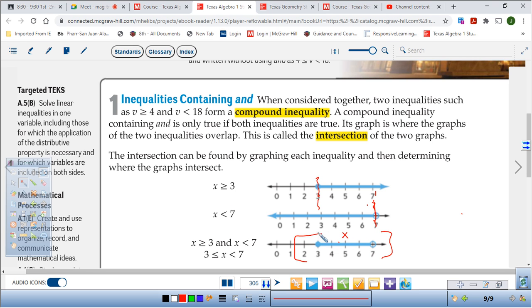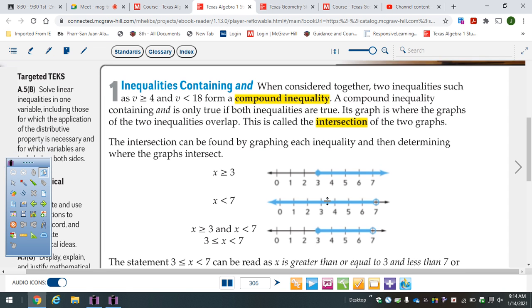What's my lower bound? 3. What's my upper bound? 7. It's included, so always just put this. I always say, don't think about it. Put this right there, and that. Not included, so no underline, no equal sign here. And that is how you get this.